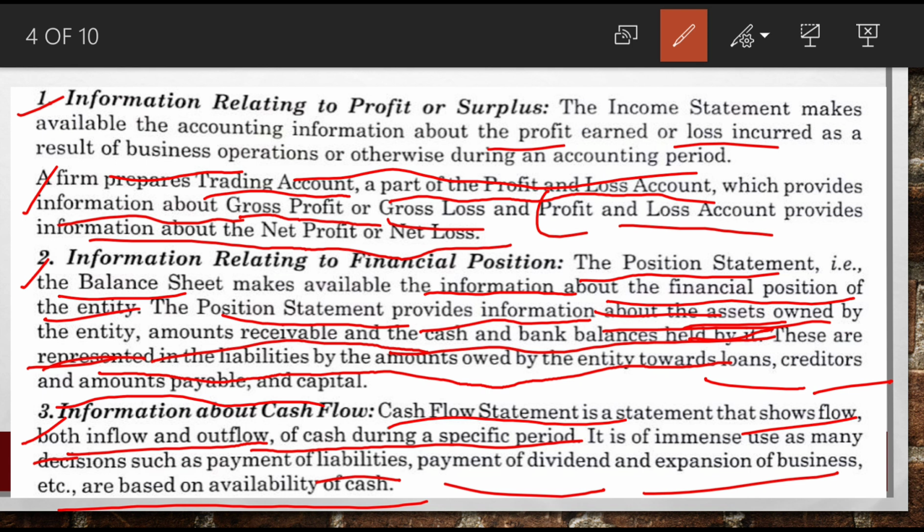In a company, shareholders get a dividend, a part of the profit given to the shareholders. If you want to declare a dividend, cash is required. So you can decide all these cash-related activities on the basis of the cash flow statement. This statement also provides information.